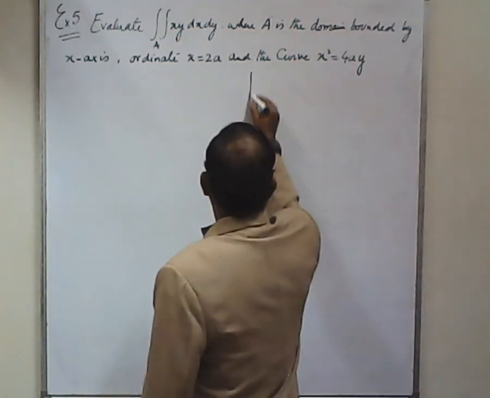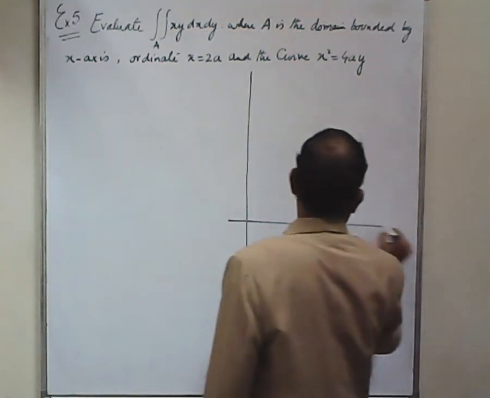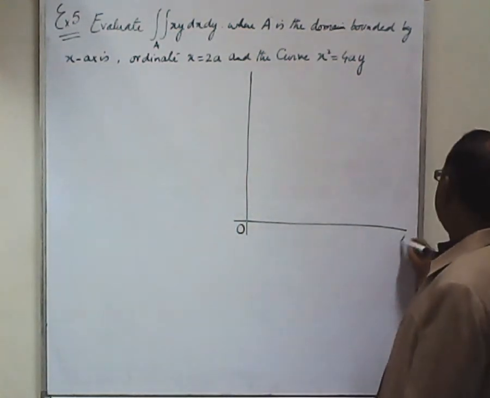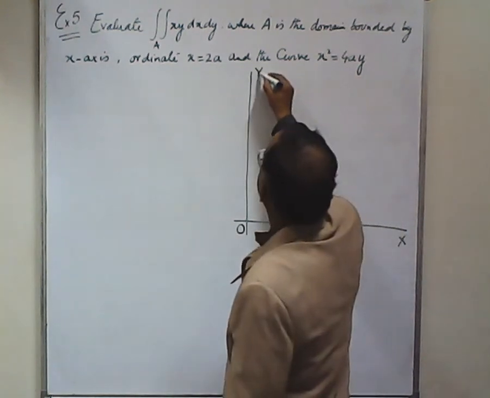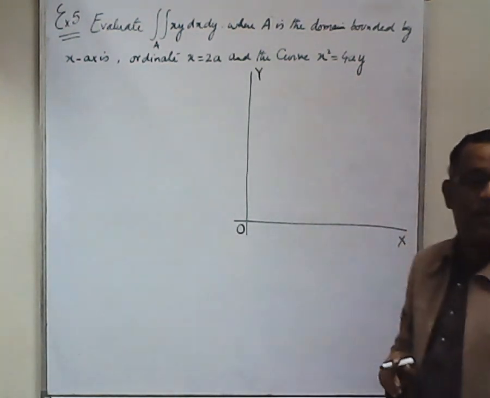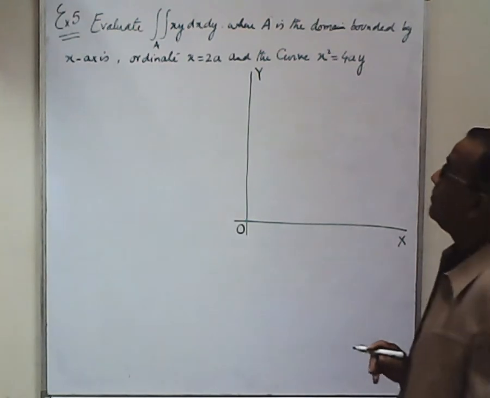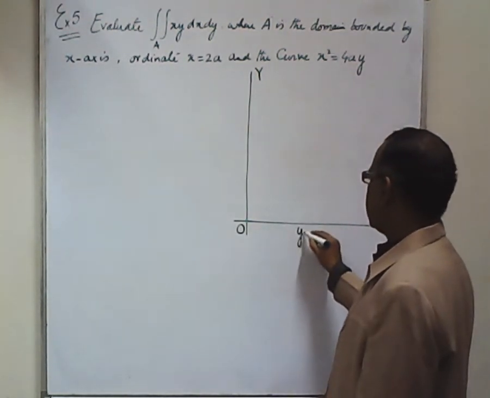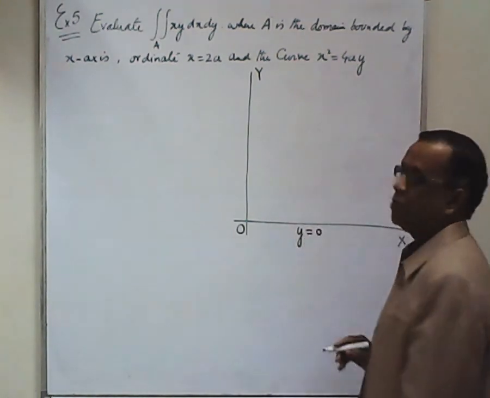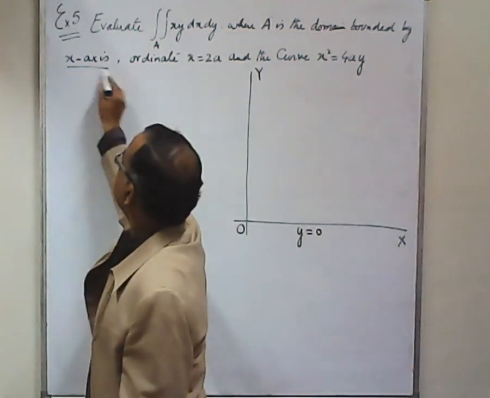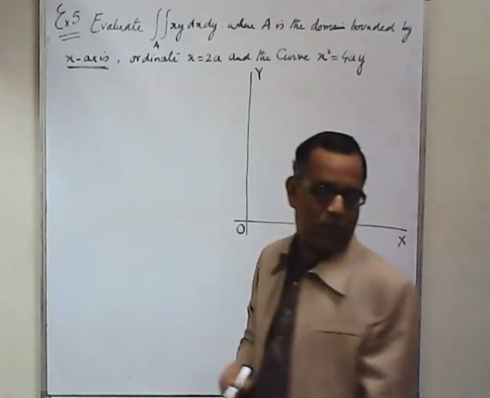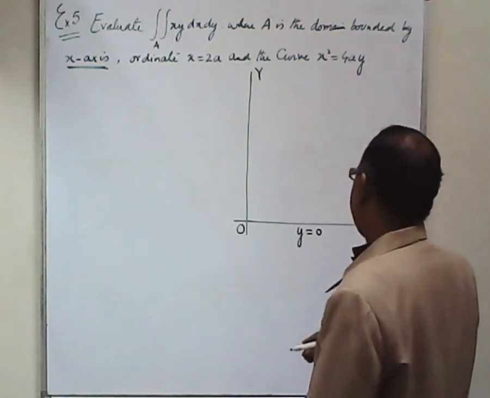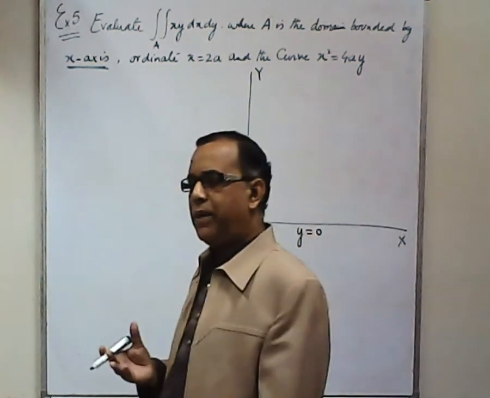So like the previous example, again what is needed is to draw the figure to know which area needs to be integrated. So this is x-axis, so it means that on x-axis we have y equal to 0, then we have the line x equal to 2a, where a is any arbitrary value.